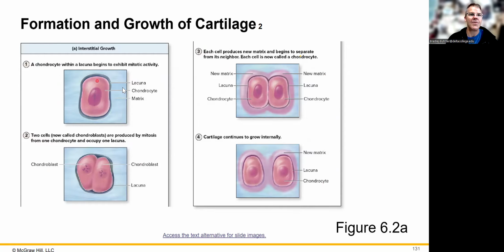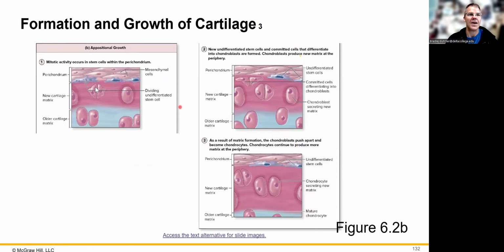Again, just a couple of images here. A lacuna is just an empty space. You have this chondrocyte in the middle, and it's building matrix around it. Some mitosis happens, and you have two chondroblasts within that lacuna. They then develop, and eventually, as matrix is formed around them, they become two cells.